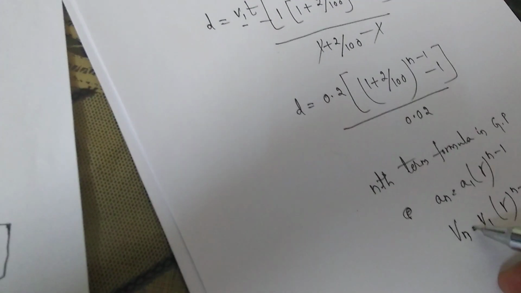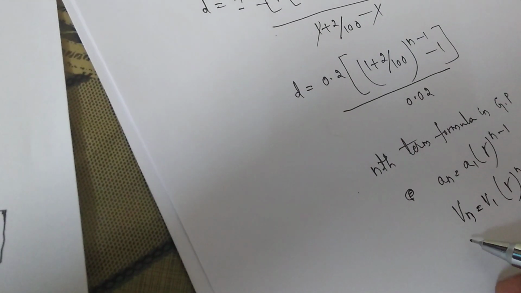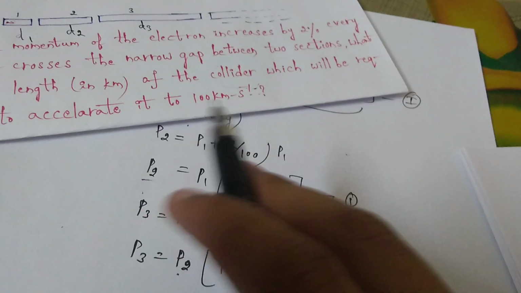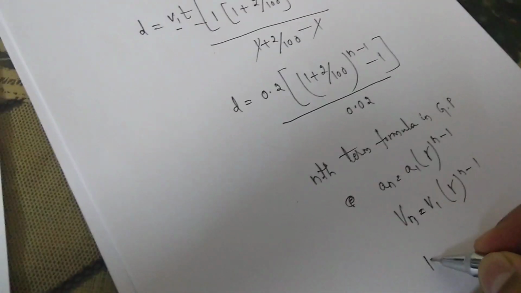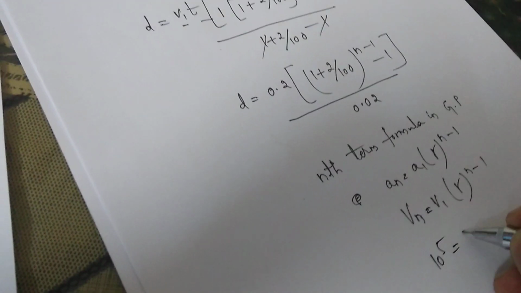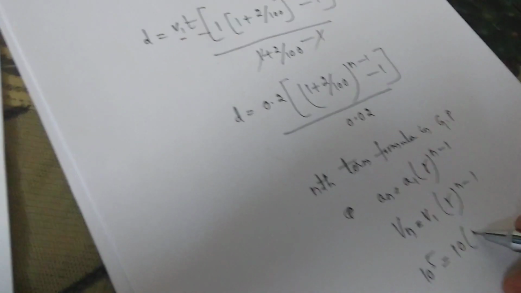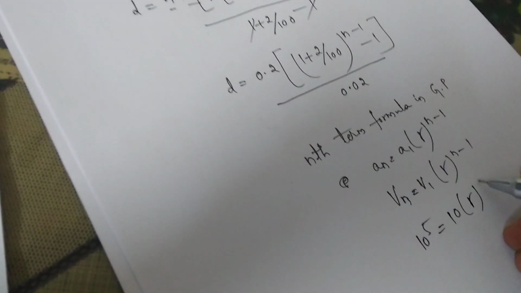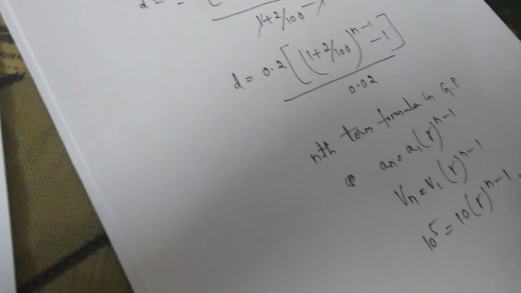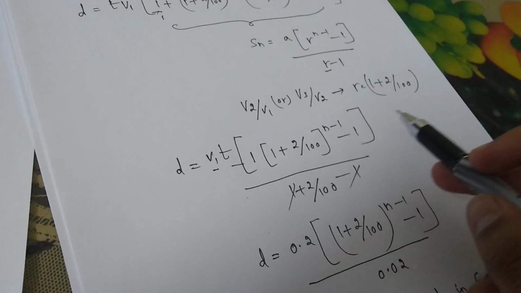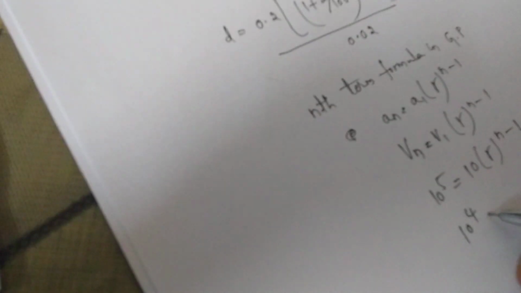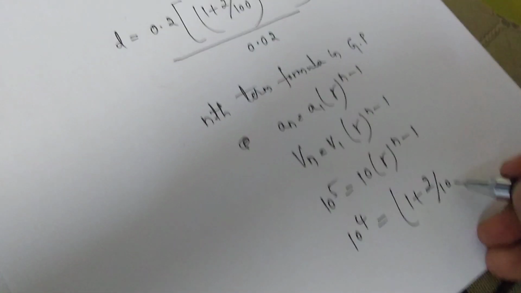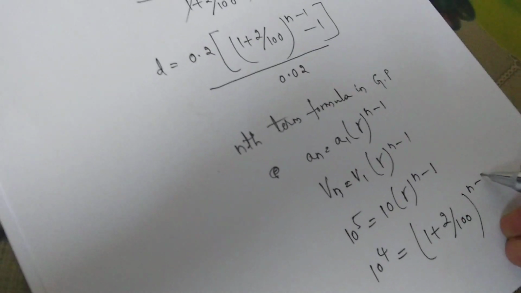This vn is our desired velocity, 100 kilometers per second, as given in the question. Converting it into meters, we get 10 to the power of 5 equals v1, which is 10, times r to the power of n minus 1. We know this r, it is 1 plus 2 by 100, so it is no big deal. So 10 to the power of 4 equals (1 plus 2 by 100) to the power of n minus 1.